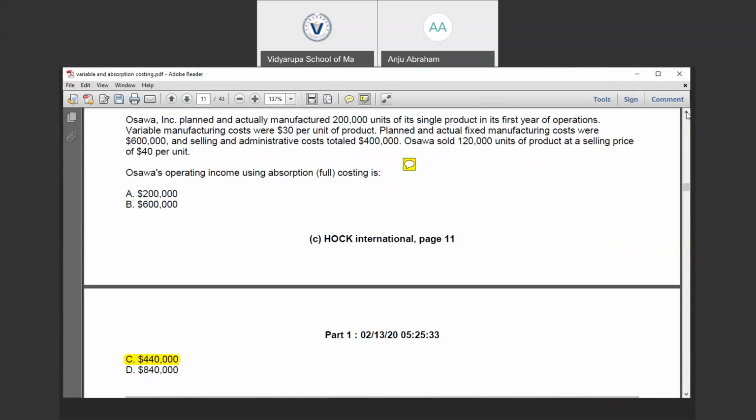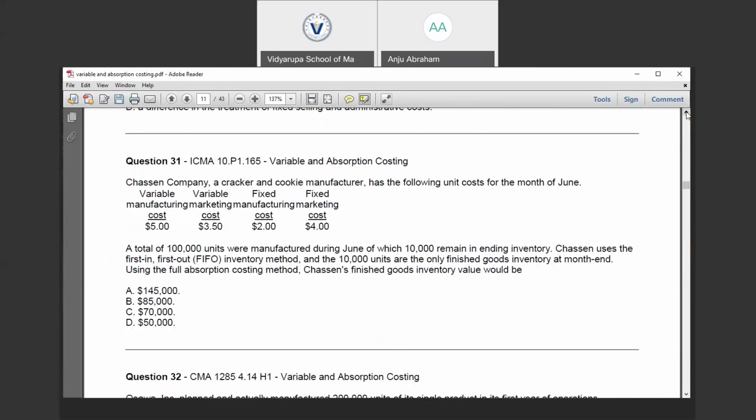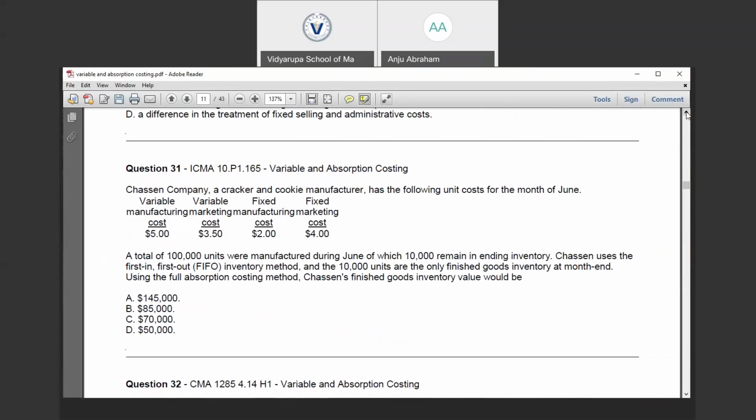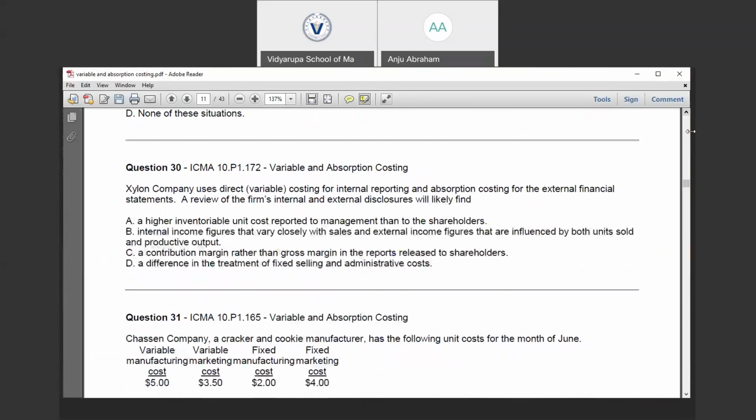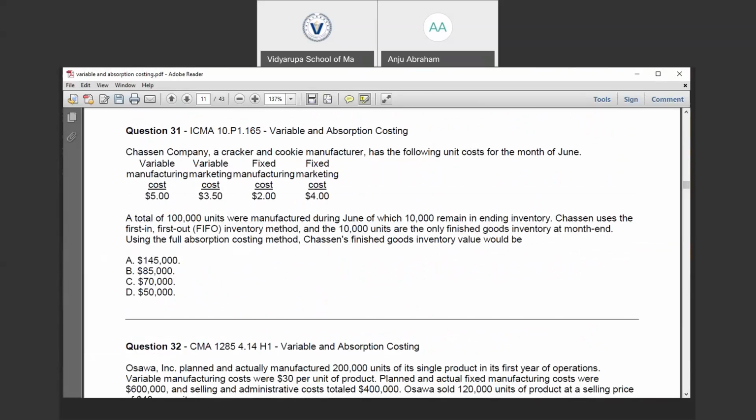So we have almost completed. We have one more question to be completed. Question number 31. Chasen Company, a cracker and cookie manufacturer, has the following unit cost for the month of June.